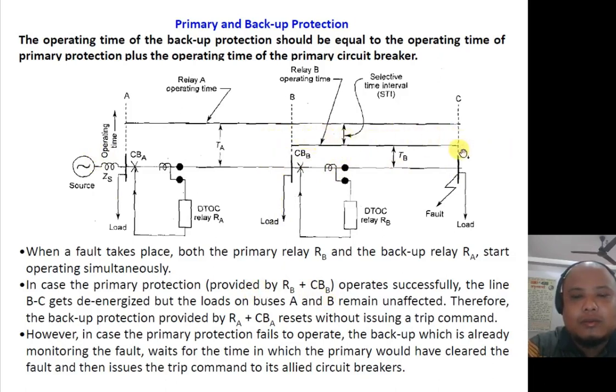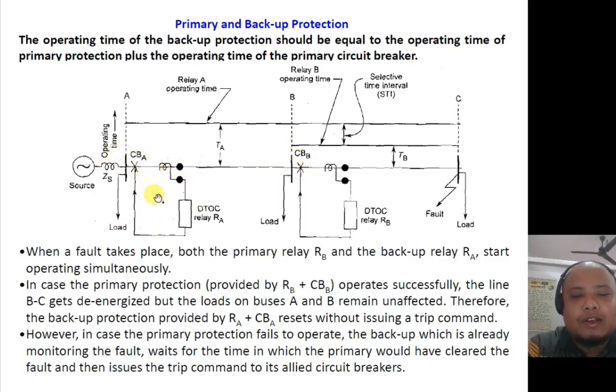For this line section BC, the protective scheme RB plus CBB is the primary protective scheme. This scheme is meant for this operating zone only. It should not operate for other zones, but as I told you, it can operate for external faults only if the primary scheme fails for that external portion.